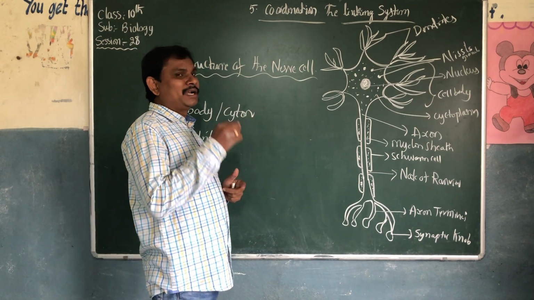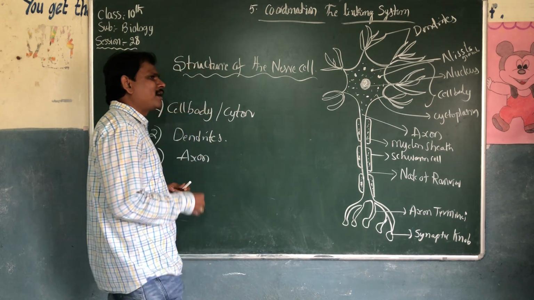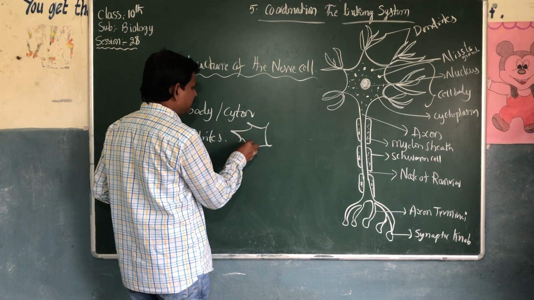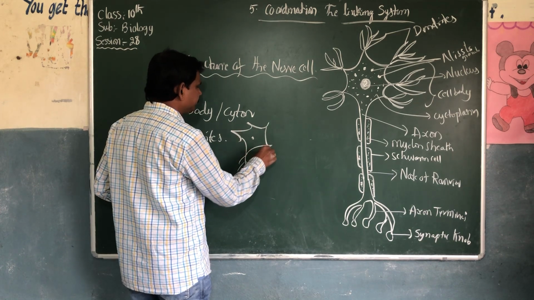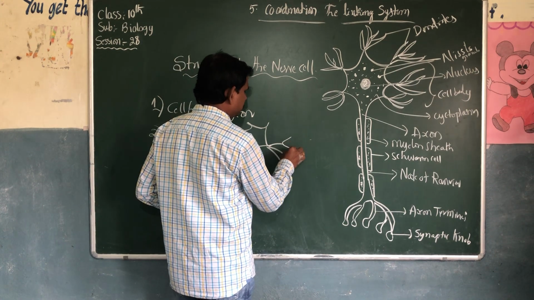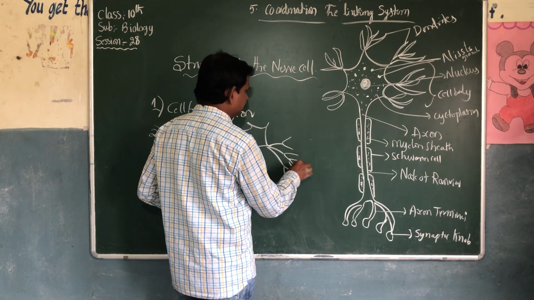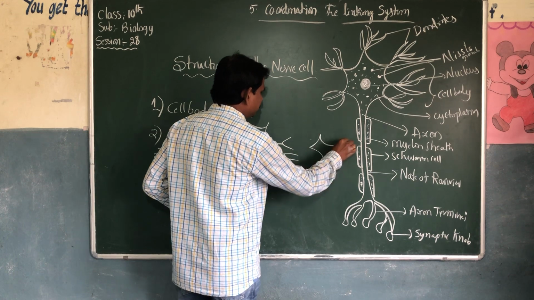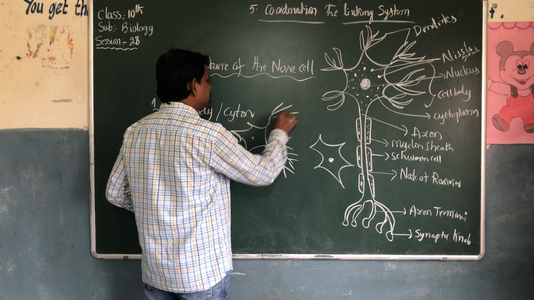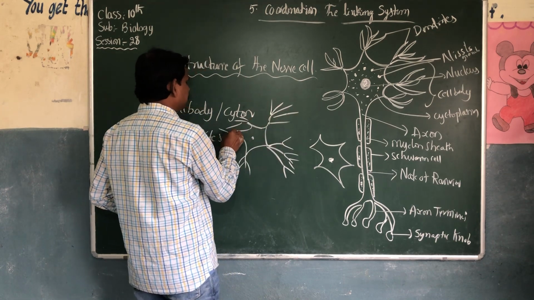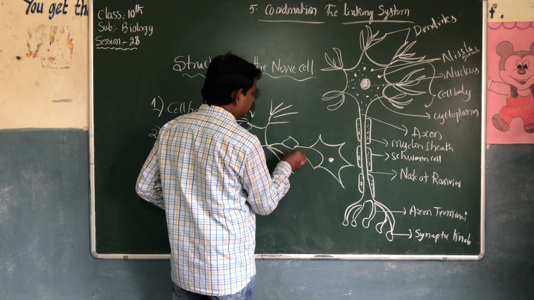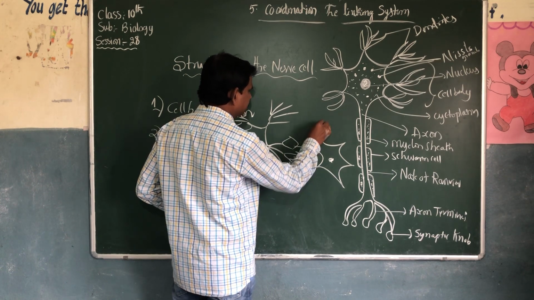By the dendrites, they are called synapse. Like this, one nerve cell is attached to another nerve cell by the dendrites.